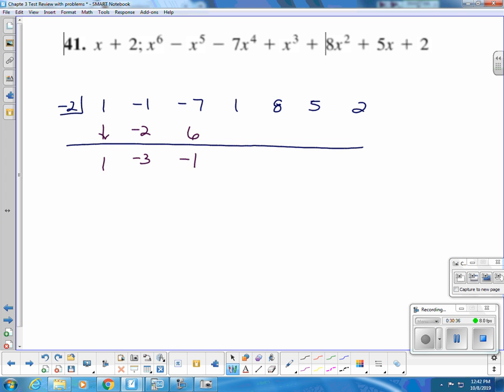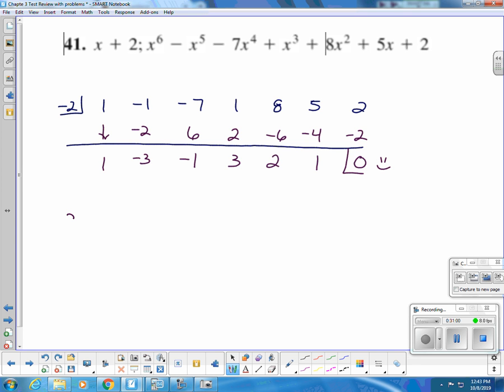And I add and I multiply. And I add. Yes, it is a factor because the remainder is 0 when you divide.